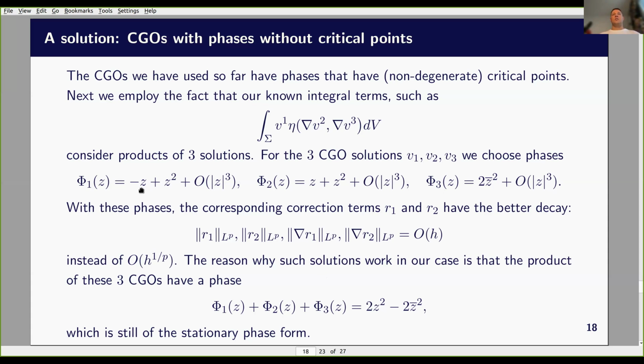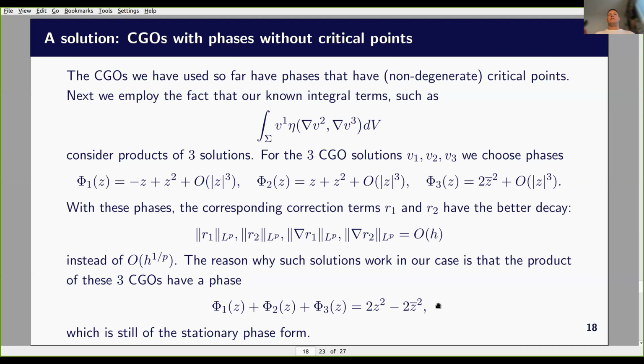When we have 3 solutions, I can actually cancel them as follows. Phi1 plus phi2 plus phi3 is just 2 times z squared minus 2 times z bar squared. So this linear term vanishes from the product of the 3 solutions. And this is now exactly of the stationary phase form, and you can still use stationary phase to recover your unknown.